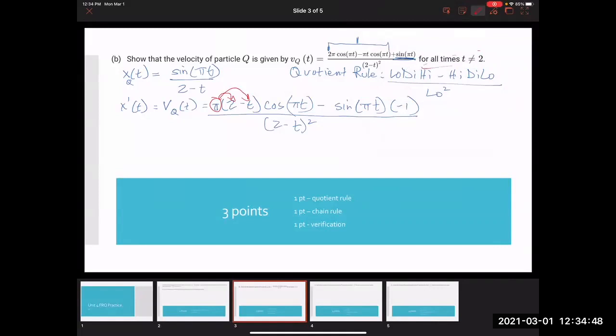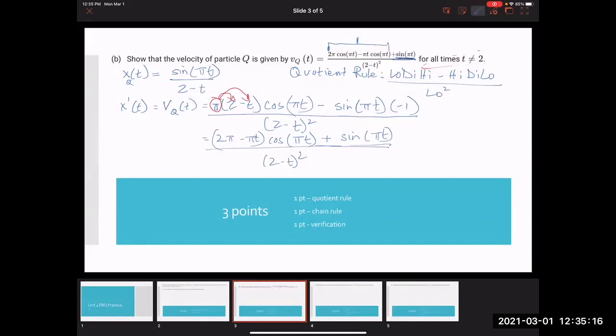All right, so oops, let me do that. When I do that, I get 2 pi minus pi t, and all of that is still getting multiplied by cosine of pi t. And then I'm going to change that second term to plus sine of pi t because of the 2 negatives. And then that's all over 2 minus t squared.